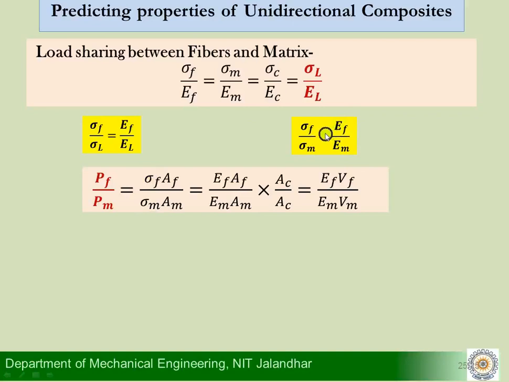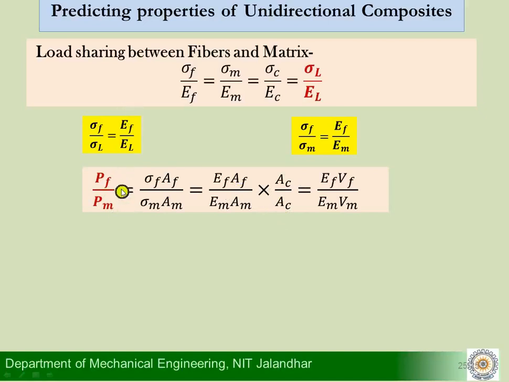So when I use this expression in the yellow box here and I put it here, I can write this expression as EF AF upon EM AM. And what I do further, I multiply it by AC upon AC just to get an idea about what we refer to as volume fractions. So when I do that, I can simply write this expression for PF upon PM.